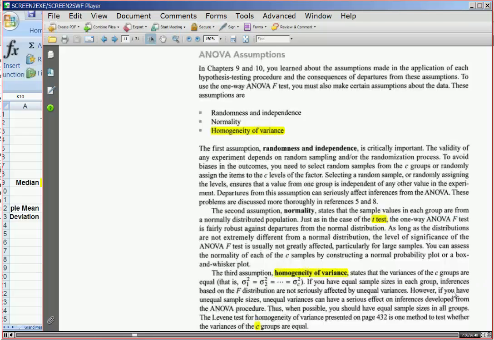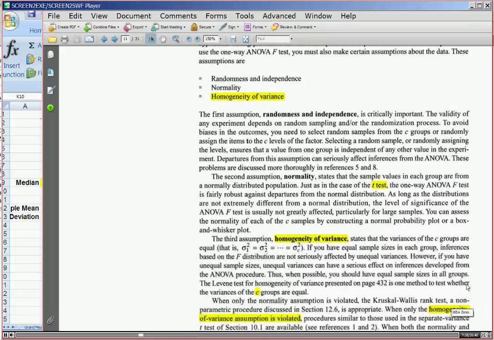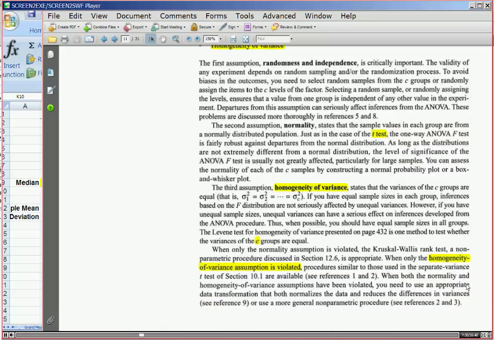So even if the variances are unequal, the inferences will not be greatly affected by that inequality if the sample sizes are equal. However, if you have unequal sample sizes, unequal variances can have a serious effect on inferences developed from the ANOVA procedure. Thus, when possible, you should have equal sample sizes in all groups.